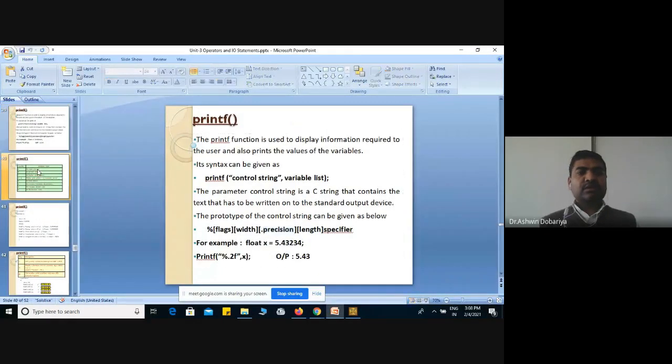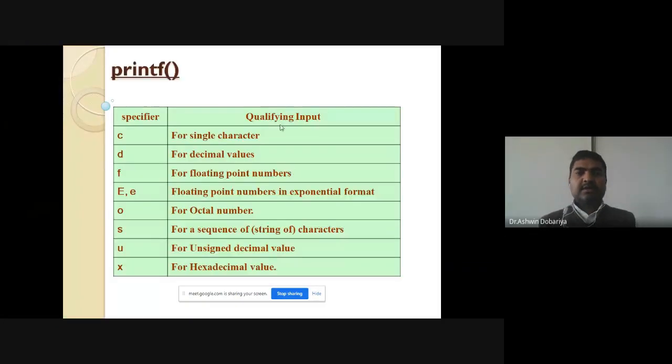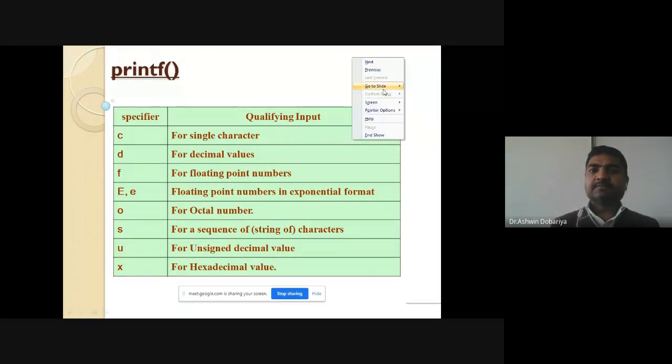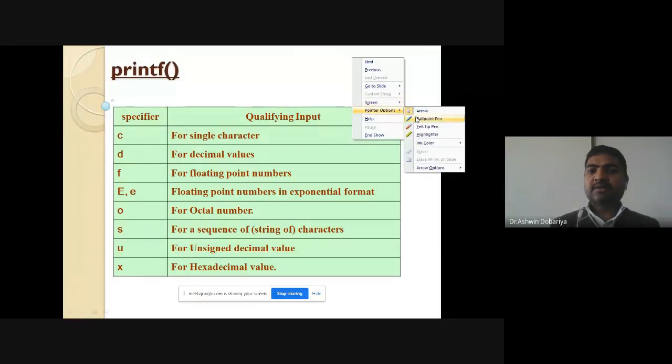Now let's move to another concept. This part we already discussed, the various format specifiers generally used in printf. Now say, when can we use percentage c?